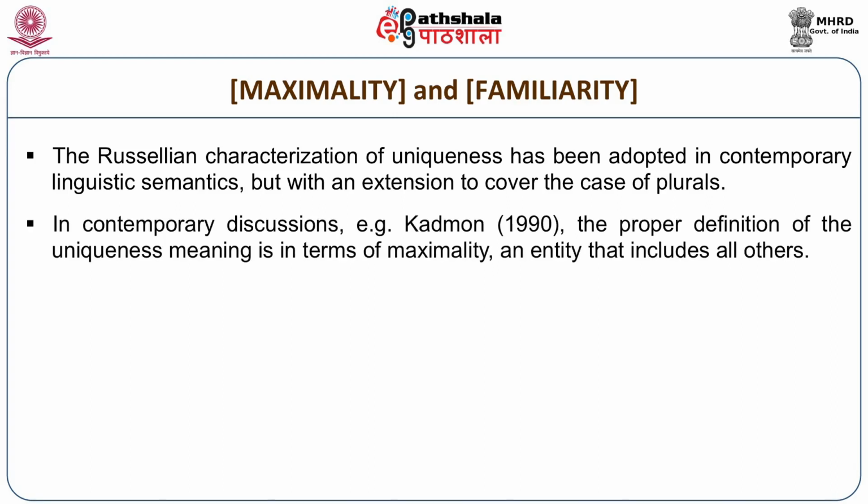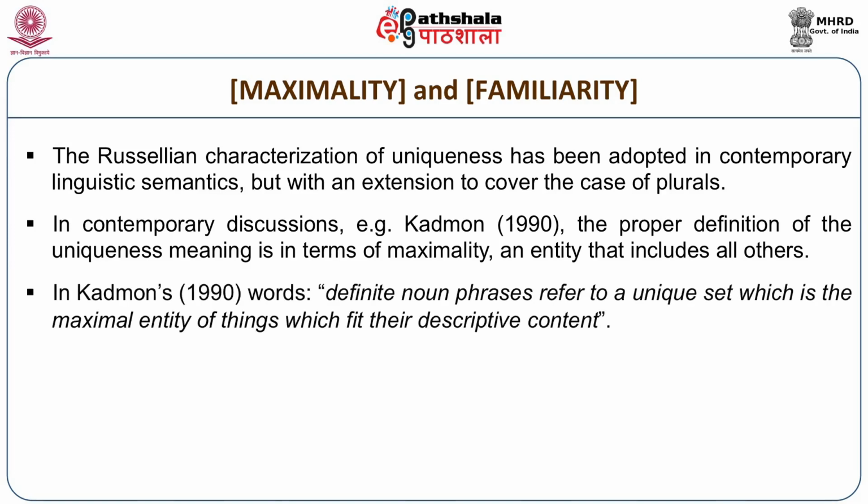In contemporary discussions, for example, Cadman 1990, the proper definition of uniqueness meaning is in terms of maximality, an entity which includes all others. So if you say the books, it means it includes every instance of books in the current discourse context.